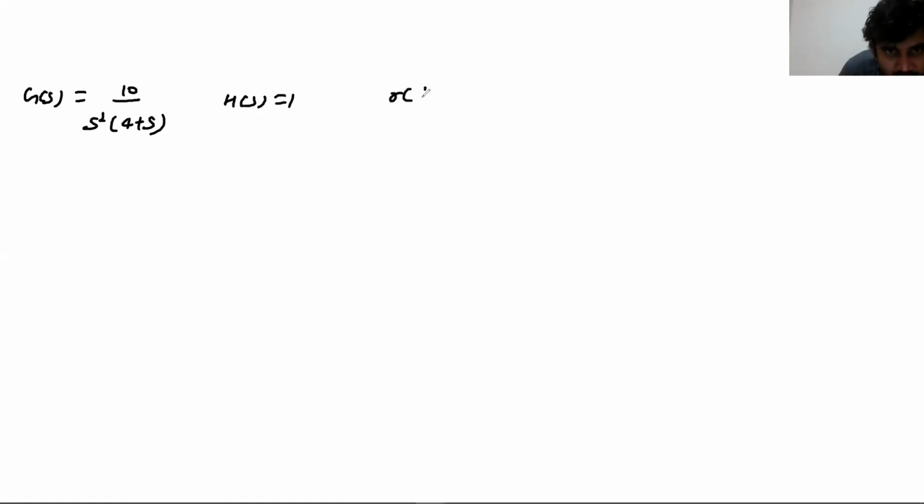Your input signal is given as 2 plus 3t plus 4t square. So find the error in the system.